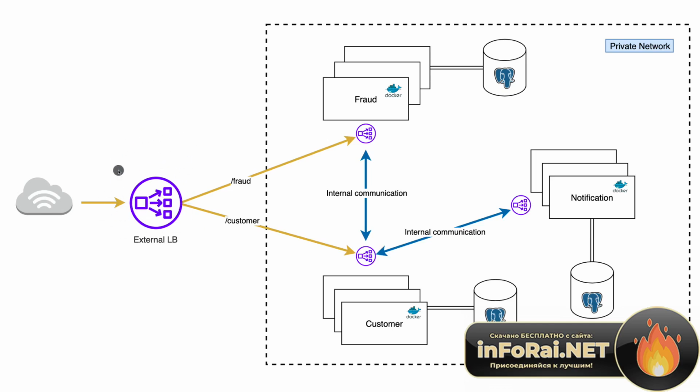There are a lot of things that you can configure within it. But let's say that you want to send a request to customer. This request is sent to this other load balancer. Now, this is an internal load balancer, and the reason is that you might have multiple instances of customer or fraud or notification.